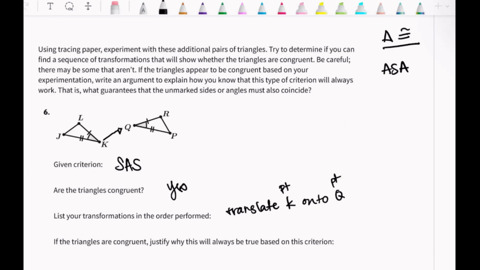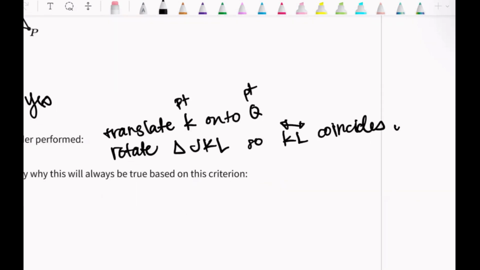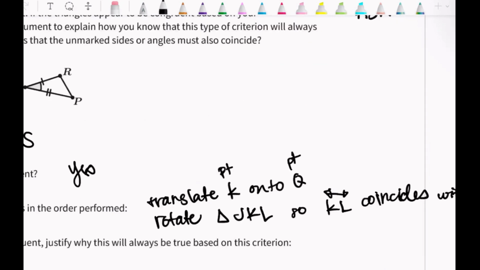Then I would do the same thing: I would rotate triangle JKL so that KL coincides with QR.